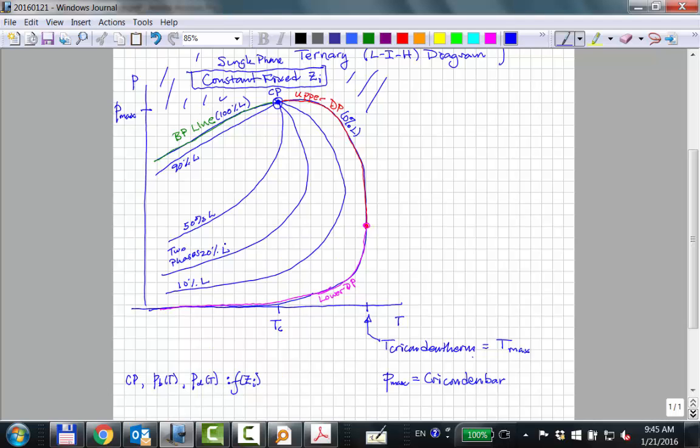The conventional way to do it in the petroleum industry is to say that if this is the overall composition in my reservoir, and the reservoir has one temperature, some average temperature, and that average reservoir temperature is less than the critical temperature of that mixture, then we're going to call this a reservoir oil.